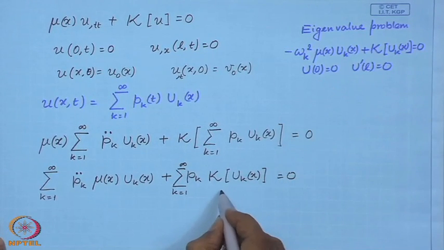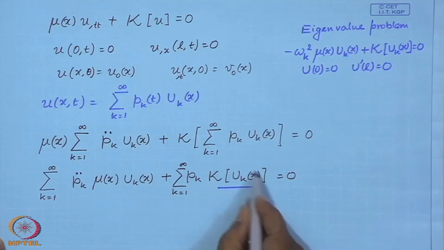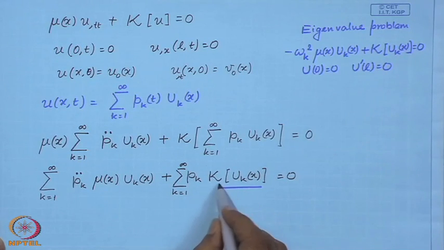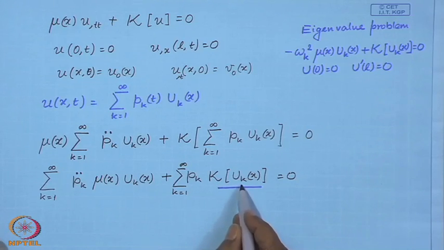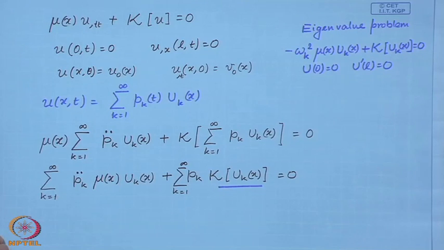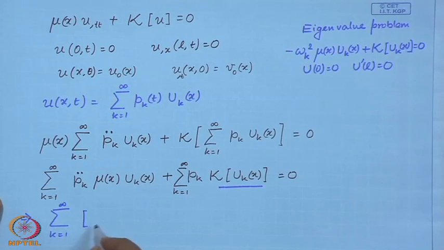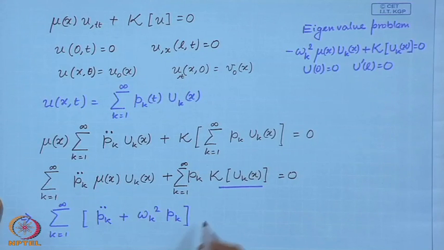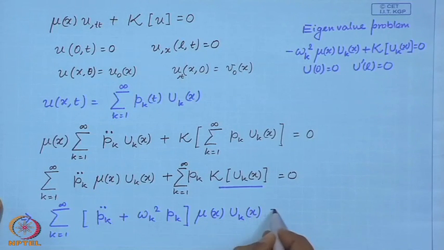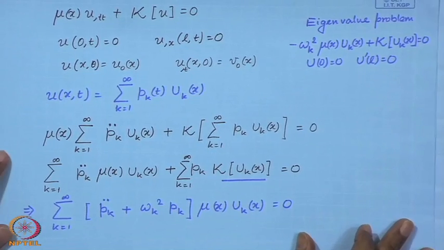So, therefore, in this summation I can replace this operator acting on the kth eigenfunction with this, and therefore I can simplify the whole thing and write like this.